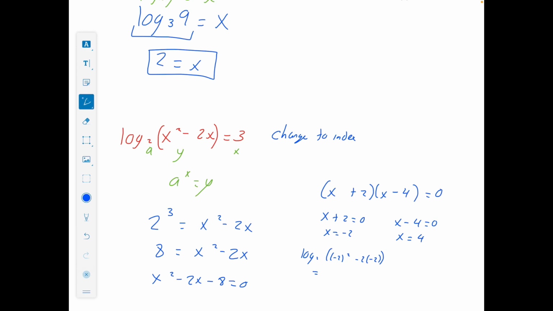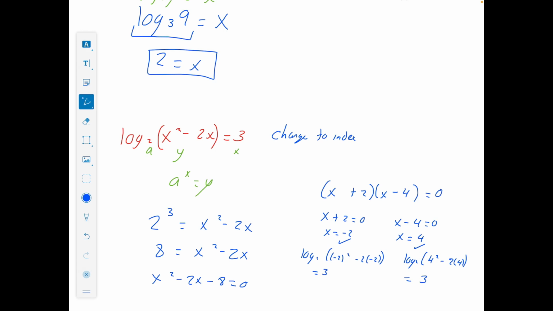Log to base 2 of minus 2 squared minus 2 by minus 2 is equal to 3, so this one works. And we'll do the same thing here. Log to base 2 of 4 squared minus 2 by 4 is equal to... Okay, that also gives me 3. So both my answers are correct.